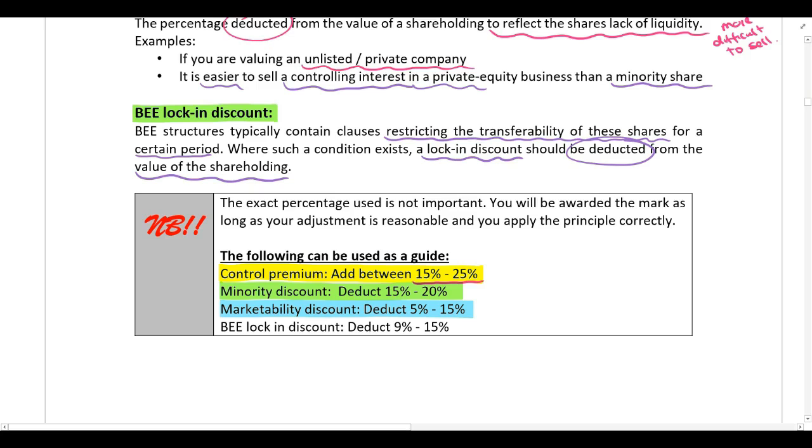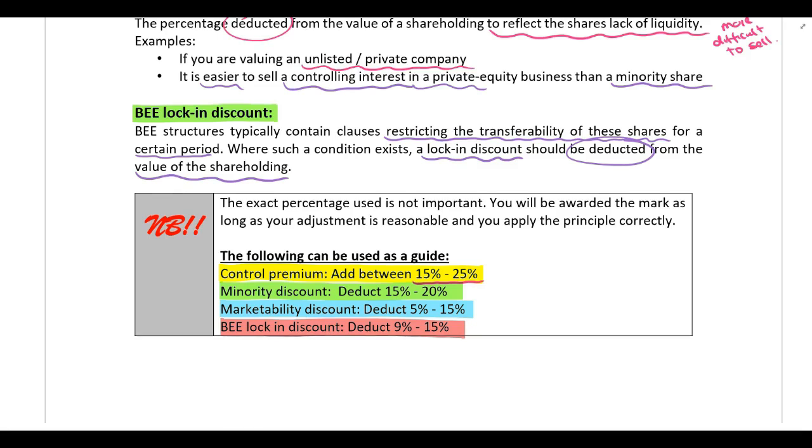Now this is not very common. I have never seen it come up in a question before. But if you do see anything in terms of a BEE structure where shares are not allowed to be transferred for a period of time, please deduct a BEE lock-in discount. And you can see the ranges also just below. You can deduct anything between 9 and 15%.